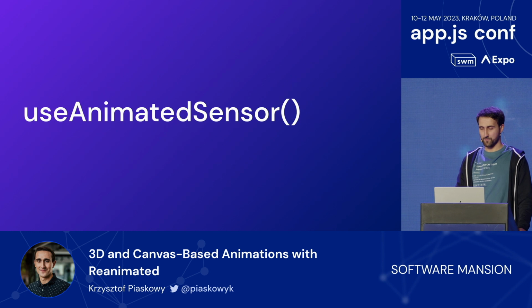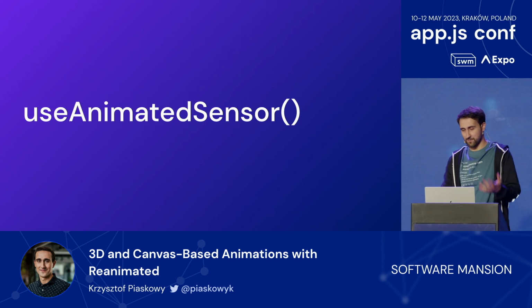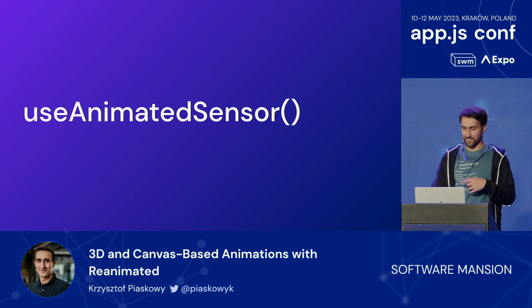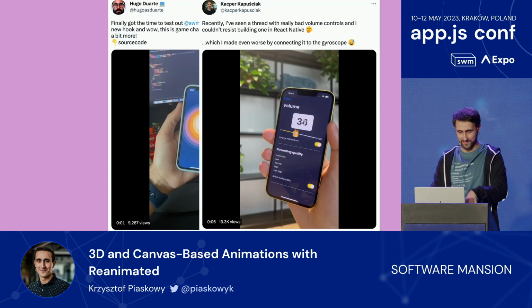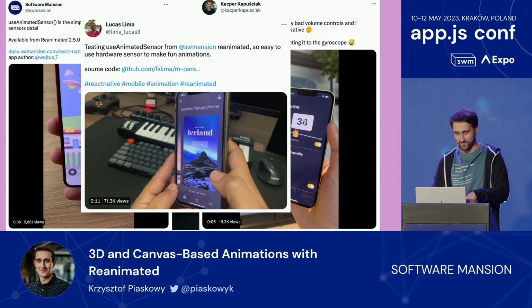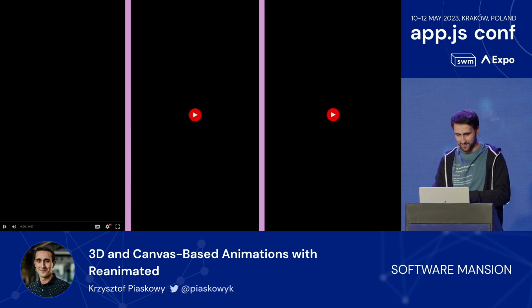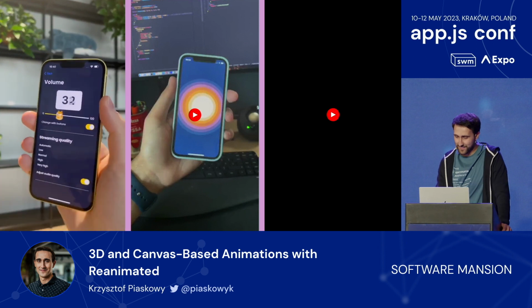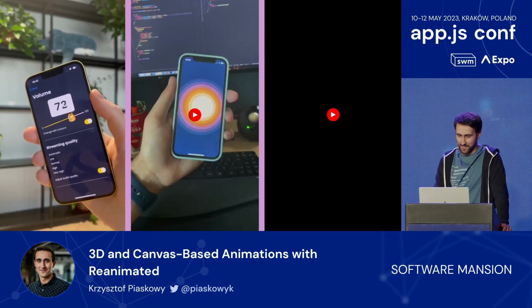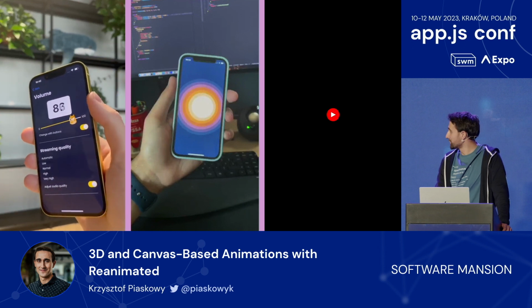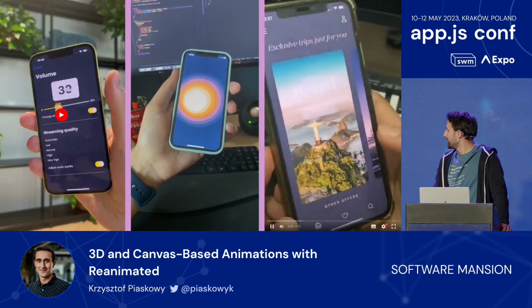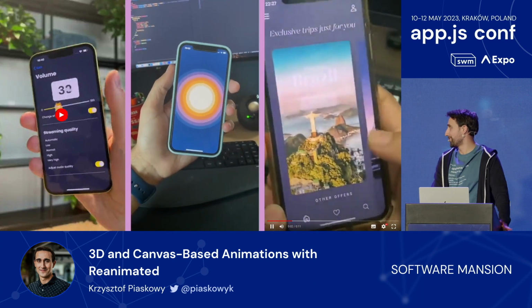Also this time, people were happy to share their ideas. Let's take a look at this, this, or this. I would love to see more apps with this kind of feature. For me, pretty awesome.